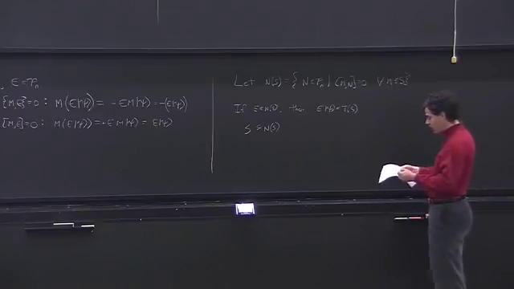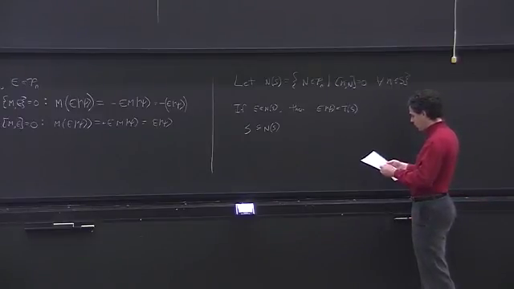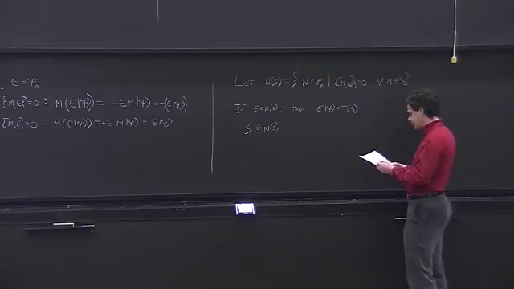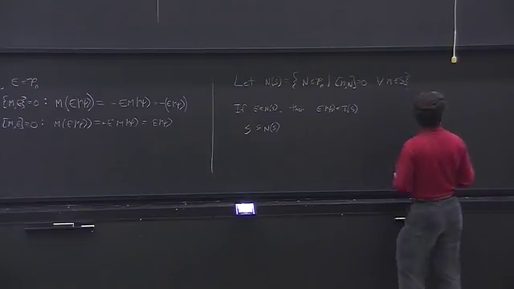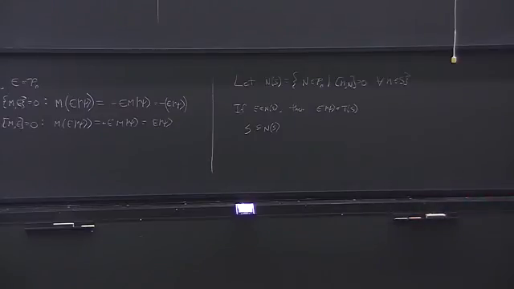And so N of S minus S is an interesting set of errors. In fact, N of S minus S is the set of undetectable errors for the code.